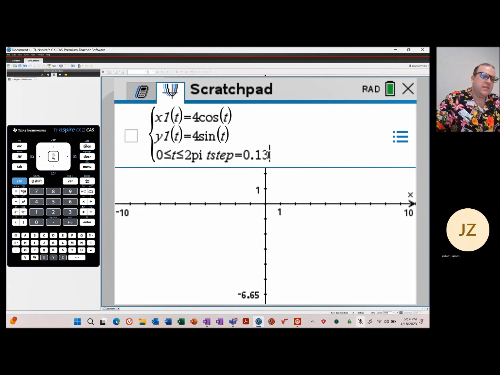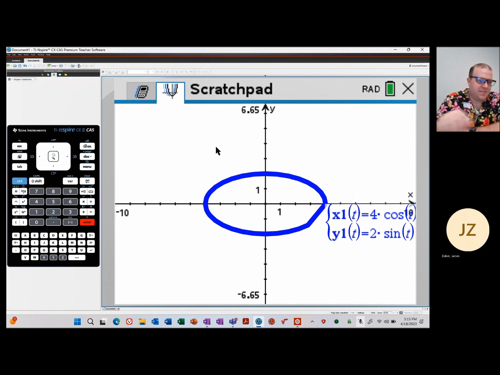And do 2 pi. Let's say the step is pi over 4. You're right, it is 2 sine. That's going to make a huge difference. Enter.